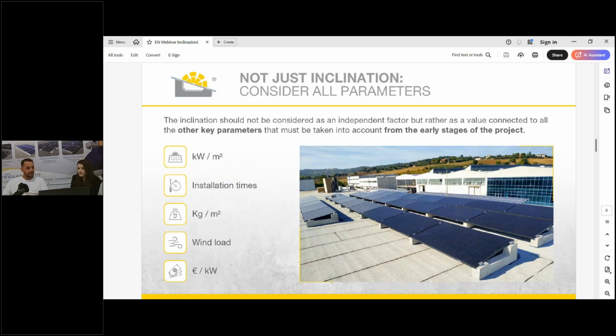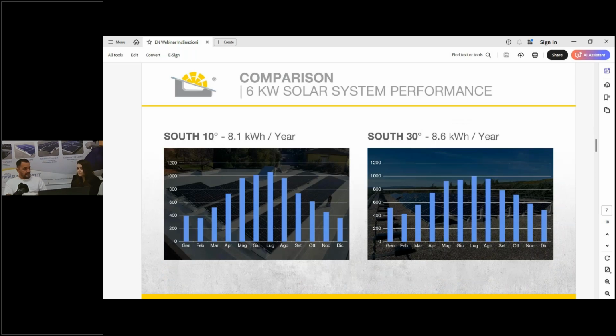Okay, perfect. So we have compared a 6 kilowatt solar system performance. And we have done a comparison between 10 degree and 30 degree, right? So what was the result? Like I said, we're going to talk a bit about the higher inclination.